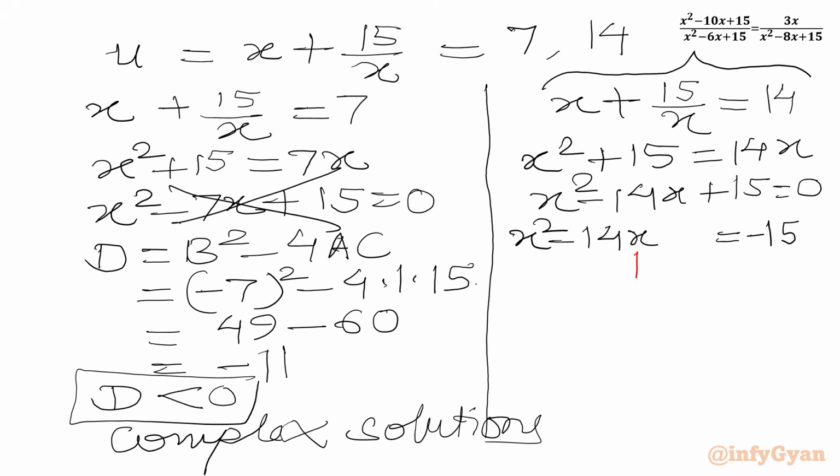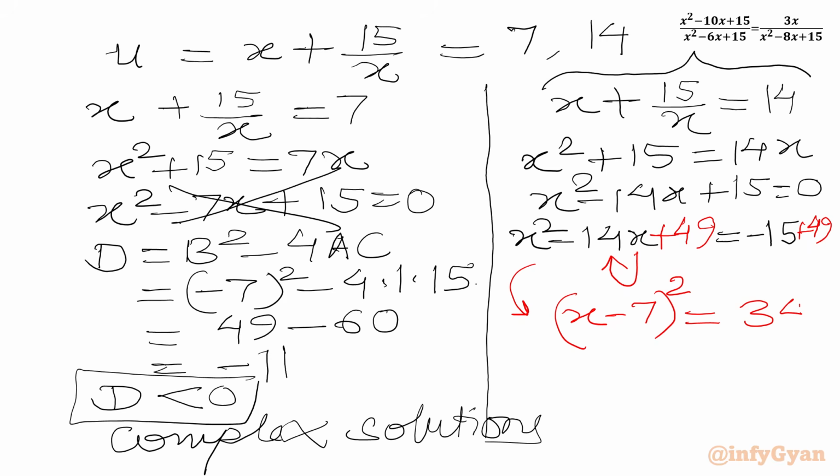Now the coefficient of x is minus 14. Half of minus 14 is minus 7, square of minus 7 is 49. We have to add 49 to both sides. So LHS will give us one perfect square of x minus 7, and RHS will be equal to 49 minus 15, that is 34.